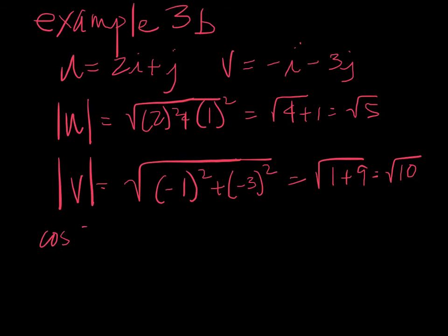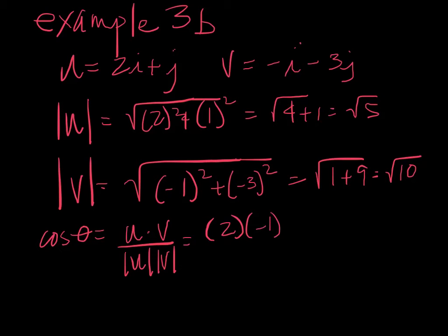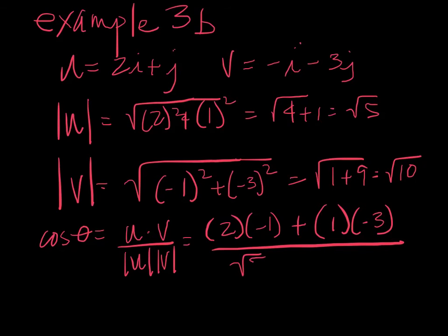So cosine of theta can be written as u dot v over the magnitude of u times the magnitude of v. Lo and behold, I'm going to be doing some vector multiplication: 2 times -1 plus 1 times -3 all over the magnitude of u, which is the square root of 5, times the magnitude of v, which is the square root of 10.